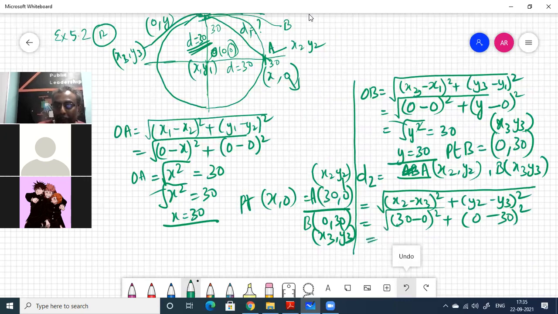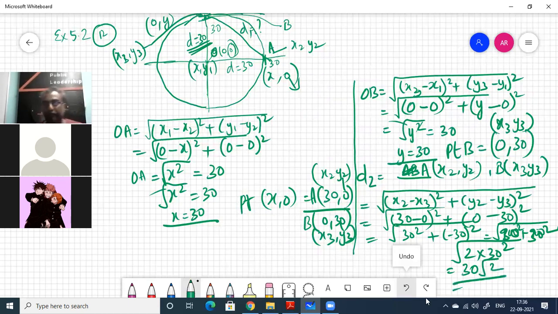That is equal to root of 30 squared plus minus 30 whole squared. That is 900 plus 900. Or you can write 30 squared plus 30 squared, which is 2 into 30 squared, root of 2 into 30 squared. Remove the square and 30 will come outside. 30 into root of 2. That is the answer.